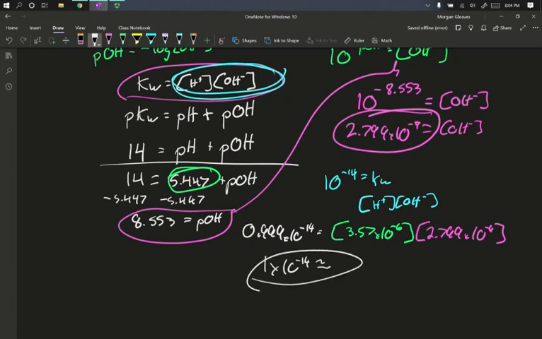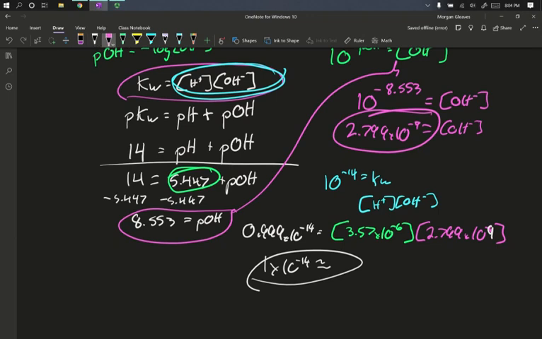So yes, as our H plus was increased above 10 to the minus 7, our OH minus went down. It got below 10 to the minus 7, down to 10 to the minus 9. As one value increased, the other decreased, so that they still equaled our equilibrium Kw value.